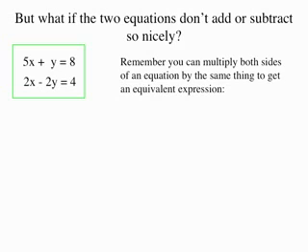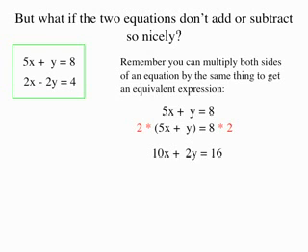Well, remember that it's okay to multiply both sides of an equation by the same thing. So for example, if I take the first expression at the left, 5x plus y equals 8, it's okay to multiply both sides of this equation by 2. When I do that, I would get a new equation, 10x plus 2y equals 16.